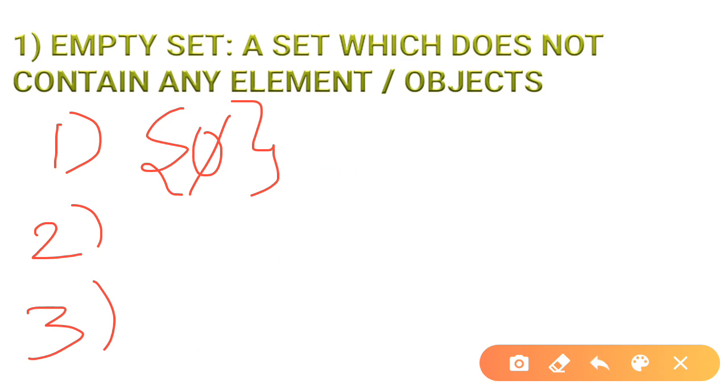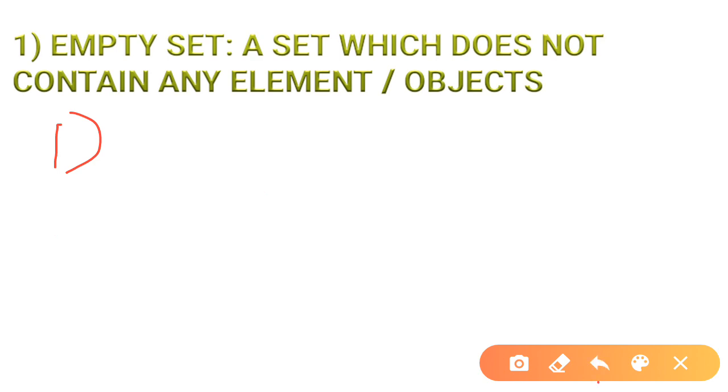So the empty set is nothing but a set which doesn't contain any element or object. Element or object means anything, whatever it may be, numericals, symbols.